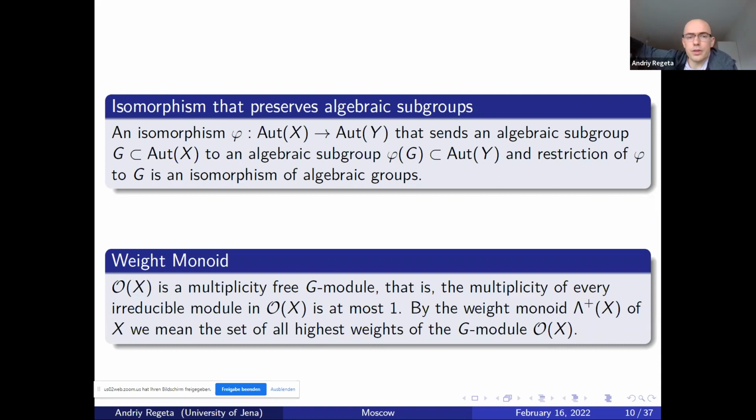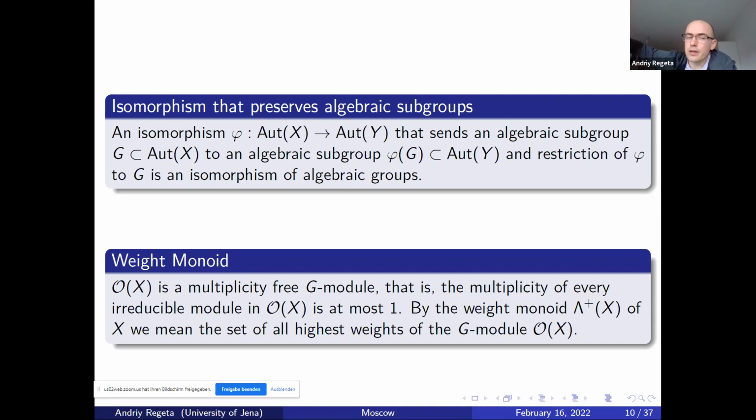Now let me introduce a weight monoid. Well, if X is a spherical G variety, this means a G action on X. And this induces a G action on the ring of regular functions O of X. So in other words, O of X is a G module.